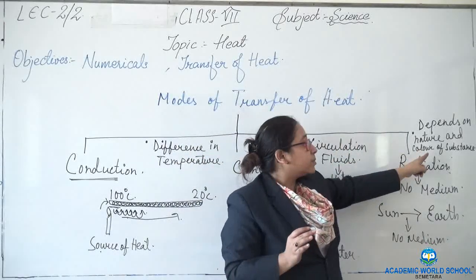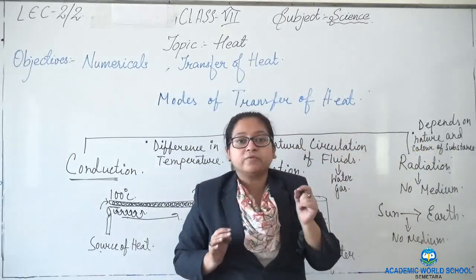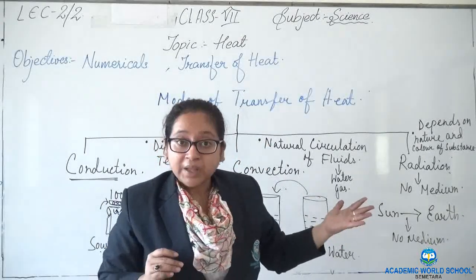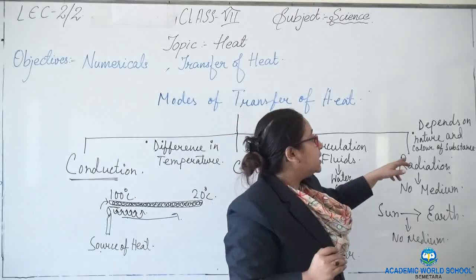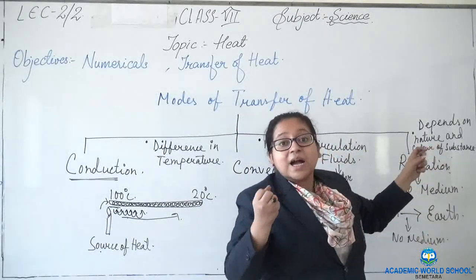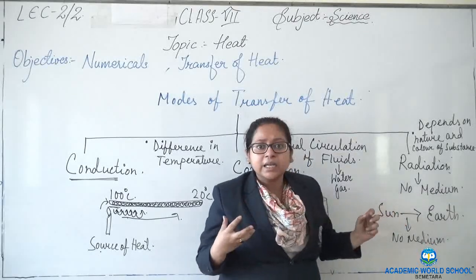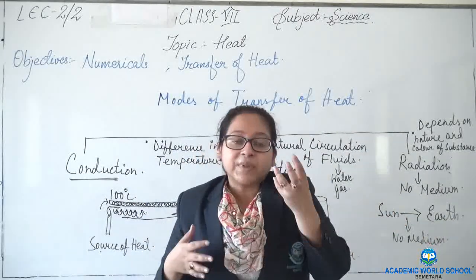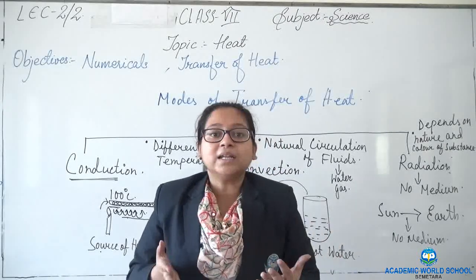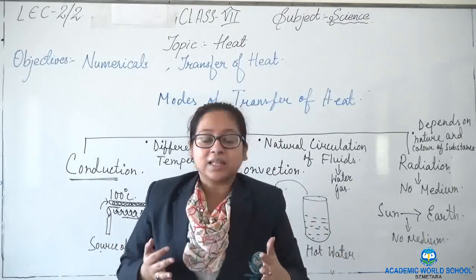When the surface is shiny and polished, it will reflect back the heat. And when the object is dark in color, black in color, then it can absorb more heat. If it is lighter in color, like white, it will reflect the heat.